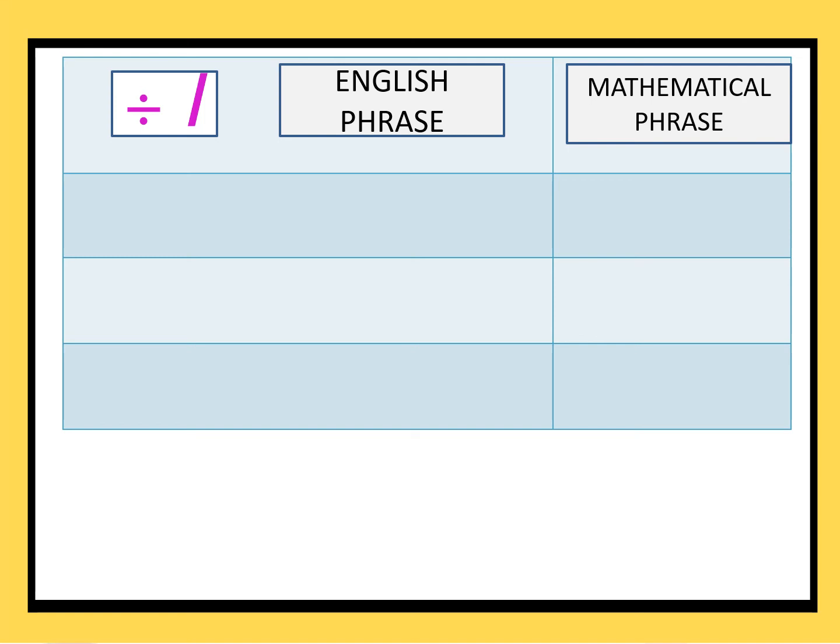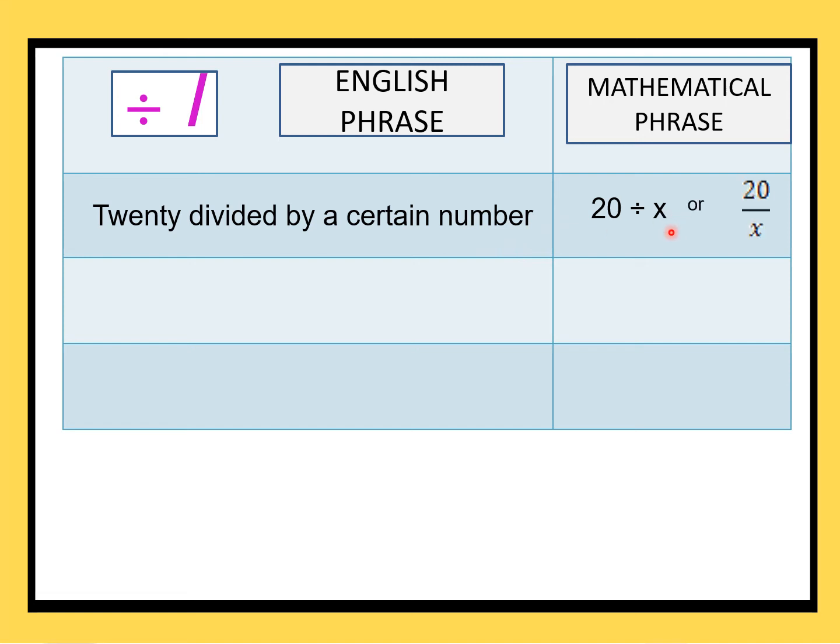Next is division. Example number 1, 20 divided by a certain number. So, the mathematical phrase is 20 divided by x. So, we use x to represent a certain number. Or, we can write it as 20 over x.